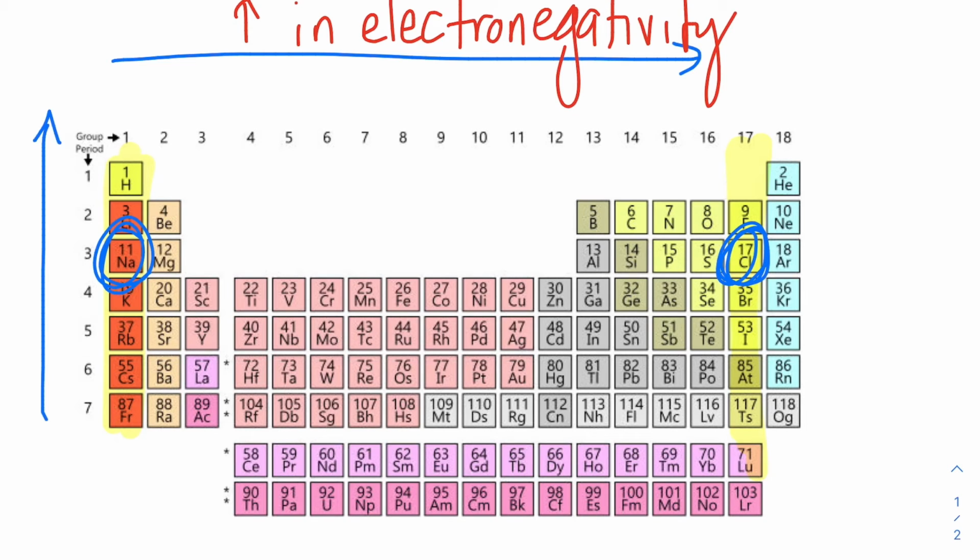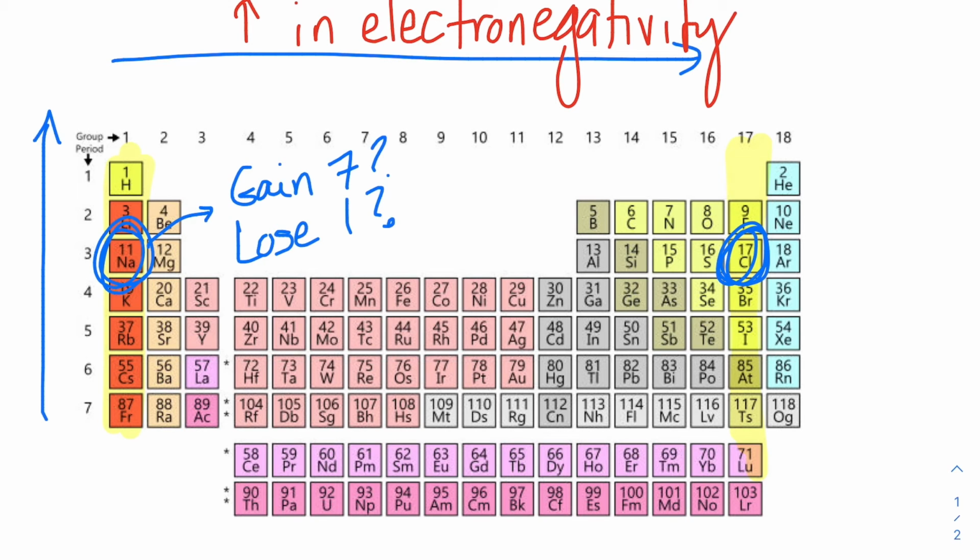So to get a full outer shell, sodium would have to gain 7 more electrons. Chlorine only needs 1 electron. So sodium either has to gain 7 or just lose 1.